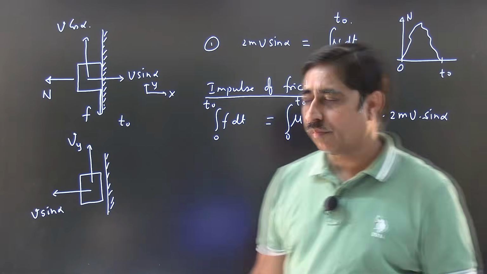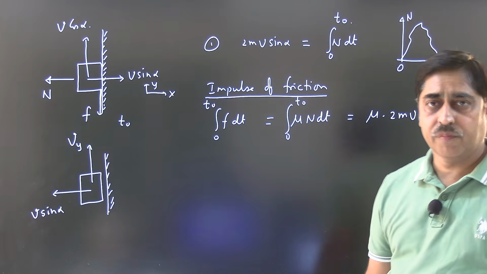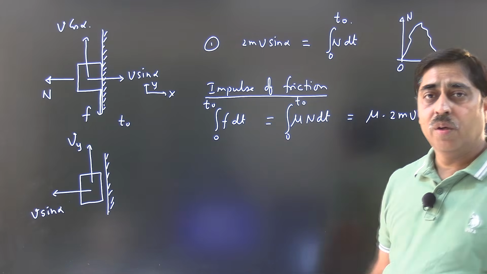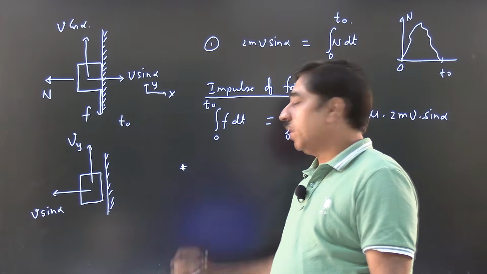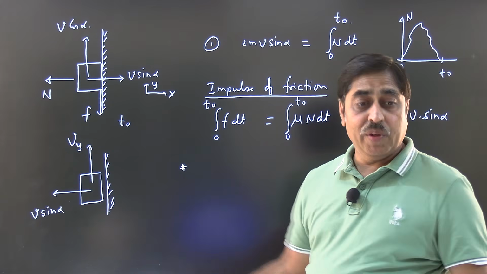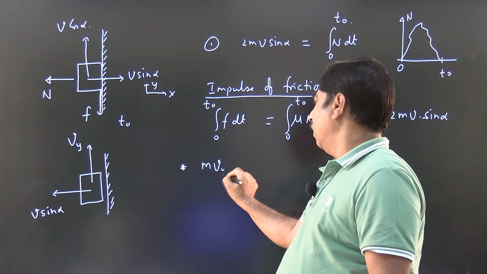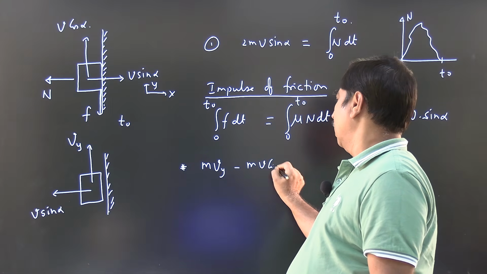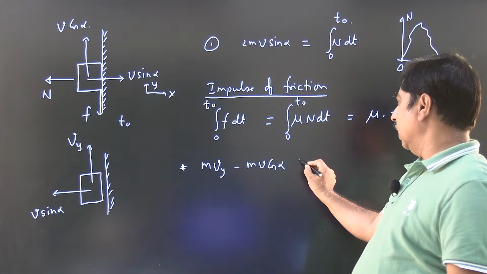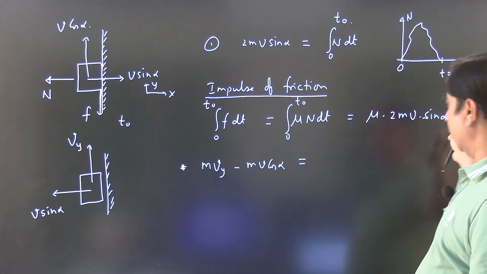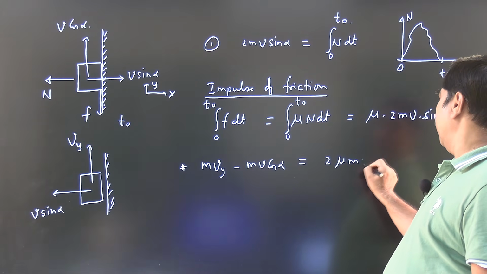So, this is the impulse of friction that has acted on the cube, and because of that its velocity in y direction will change. The change in momentum in y direction, if the final velocity in y direction is Vy, initial is V cos alpha, and this will be equal to impulse of the friction. Impulse of the friction is equal to 2 mu mv sin alpha.